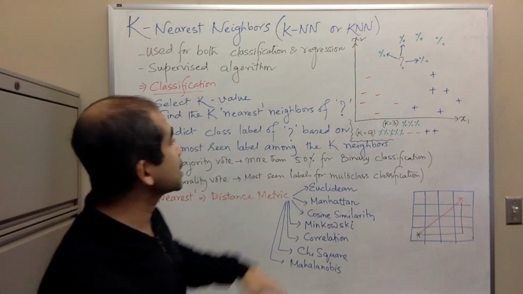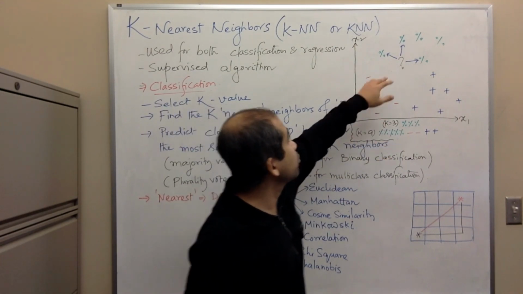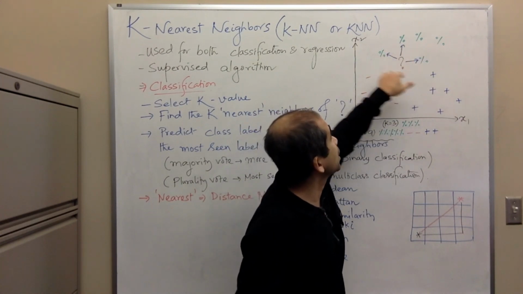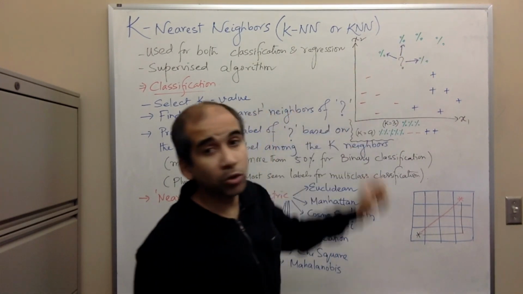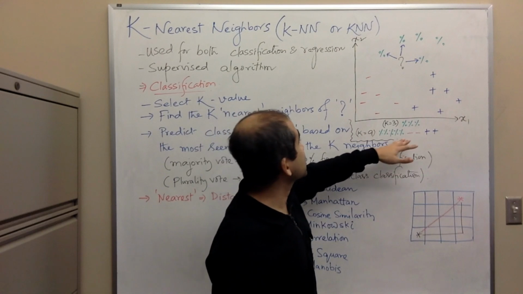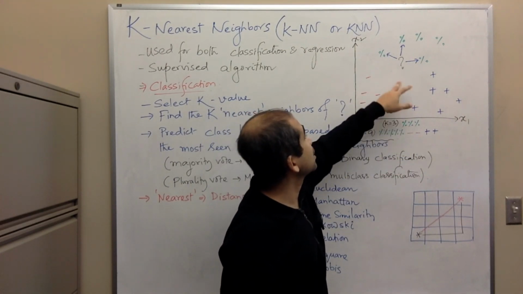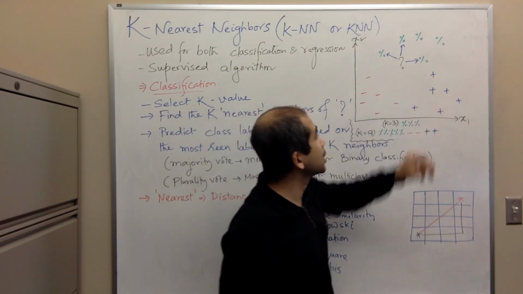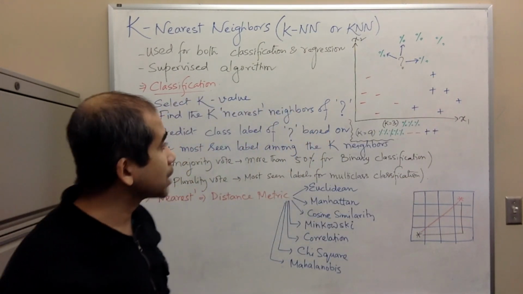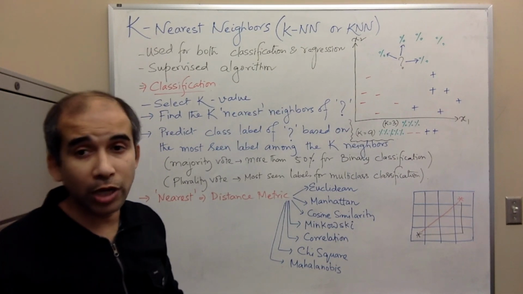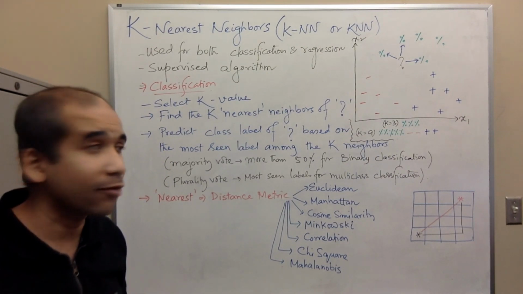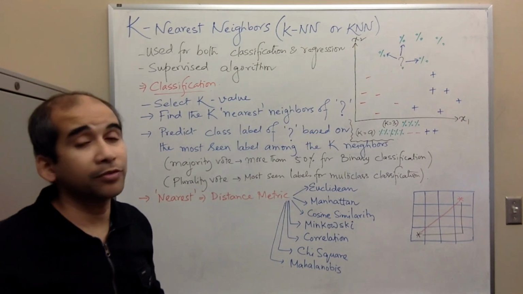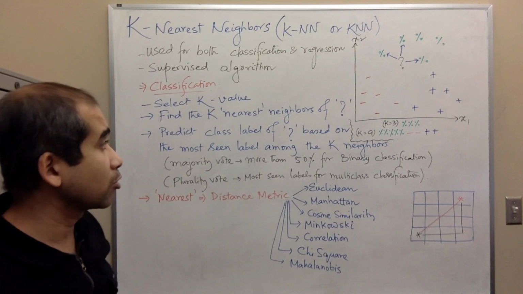Let's say k equals 9 now. Then we calculate distances to the others. Let's say there are 5 green points closest or nearby, but there will be some other points too, maybe 2 red points and 2 blue points that are also close. Now we cannot call it a majority vote anymore, because majority vote is mostly for binary classification, where you have more than 50% contribution from one particular class.